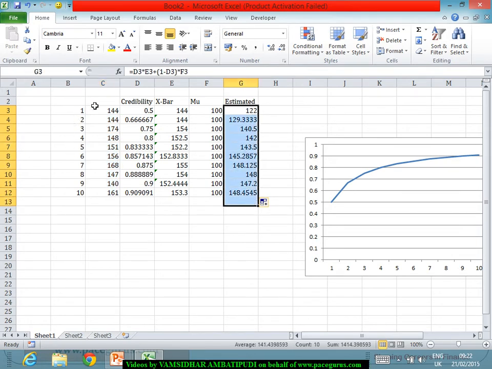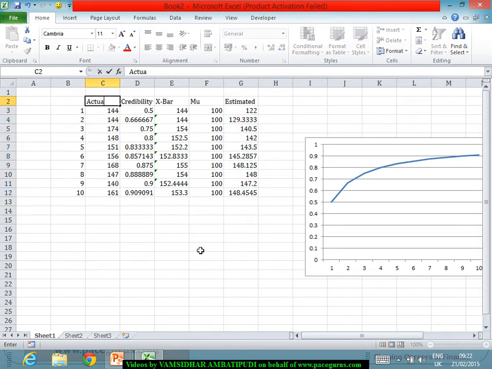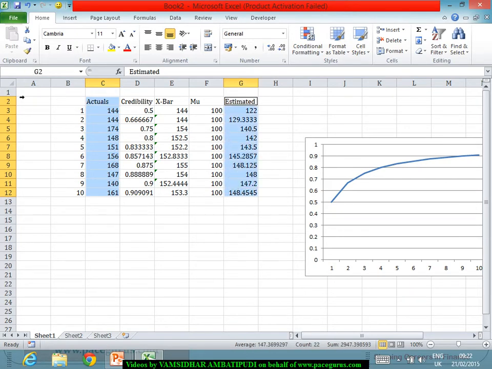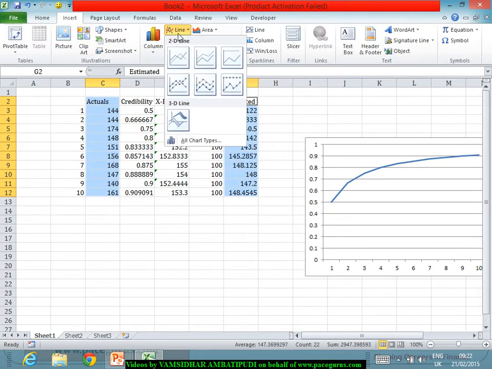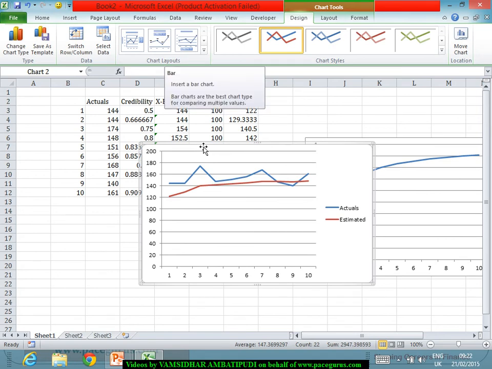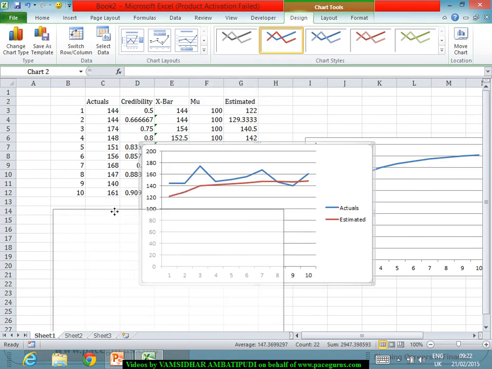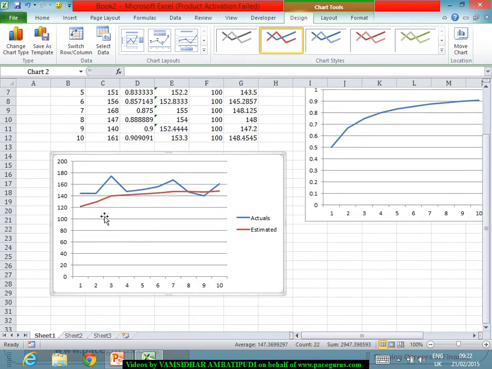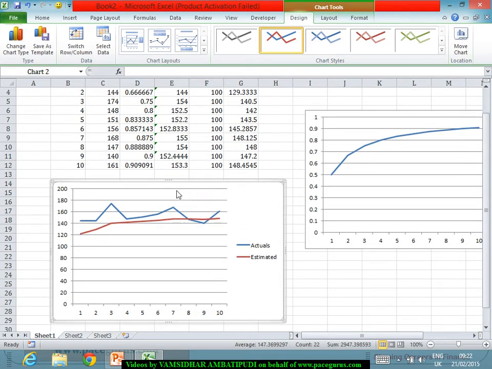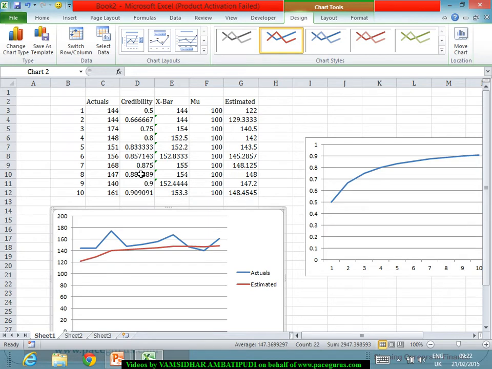Now I can typically do a plot of these two. Let me look at how this plot is coming out. I'll do a simple line chart between the actual and the estimated. What I could clearly see is the estimated has been growing because more weightage is coming to our own data.